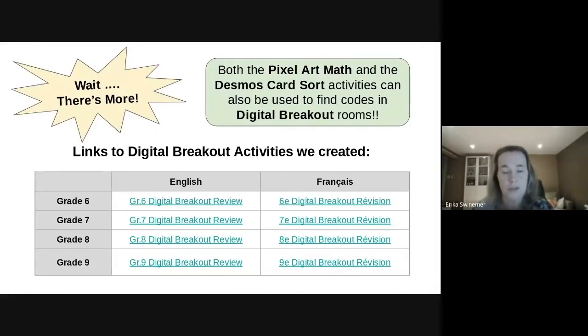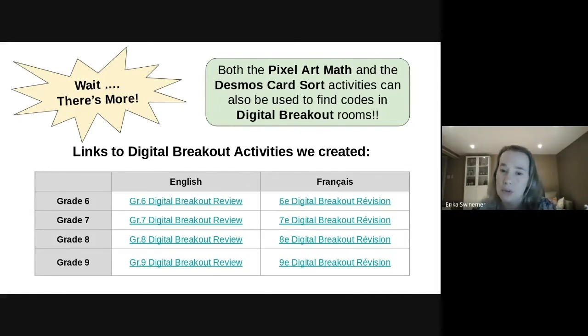And then the other thing that we did with these two activities is we created some digital breakout rooms that we did towards the end of the school year this year. So they were a review of all the regular outcomes up to March, and then focus on the prioritized outcomes that the EECD sent out after the very long March break.